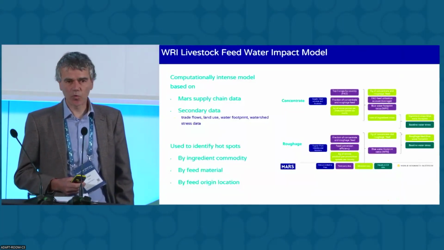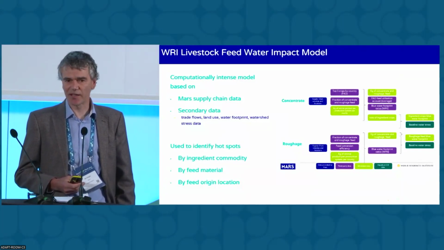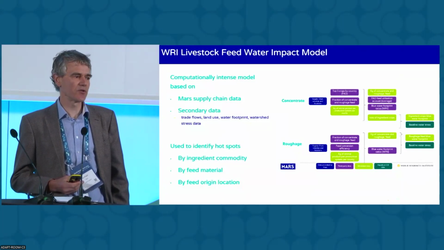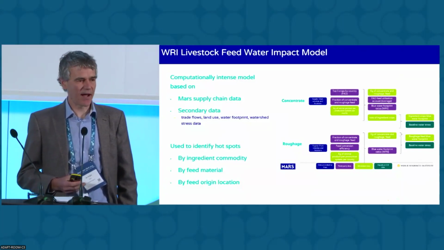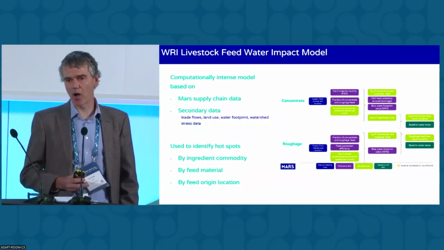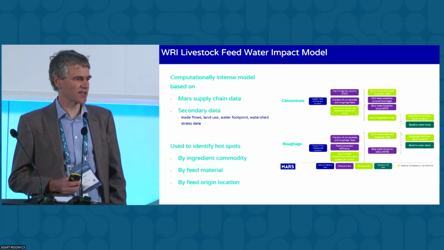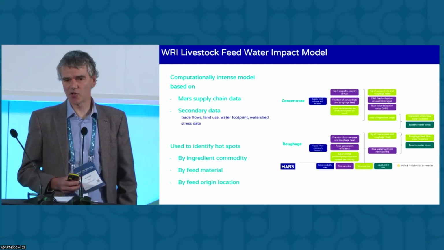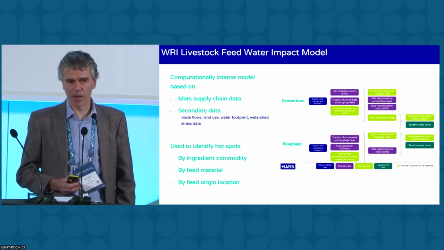So we've got an approach that's been developed, that's been a lot of work to develop. It's computationally heavy. We've provided to WRI what we buy, where we buy it from, in what quantity, and what the supply shed radius is over which we buy it. And then WRI have been using a variety of secondary data sources to create a model that allows us to understand our water impacts.